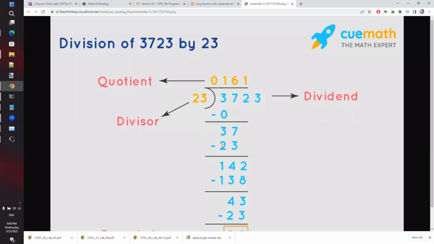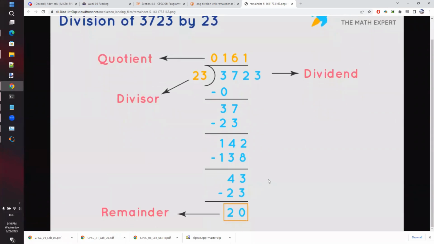1 times 23 is 23. And then you subtract 37 minus 23. And you get 14. And then you bring down this 2. So now you have 142. And you say, how many times does 23 go into 142? And the answer is 6. And then 6 times 23 is 138. And then you do 142 minus 138 and you get, actually, no, what do you get?